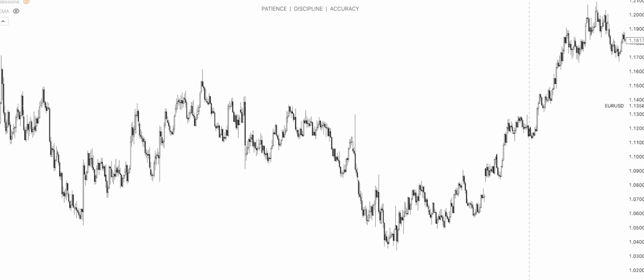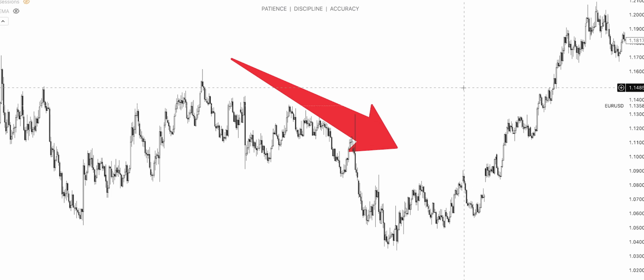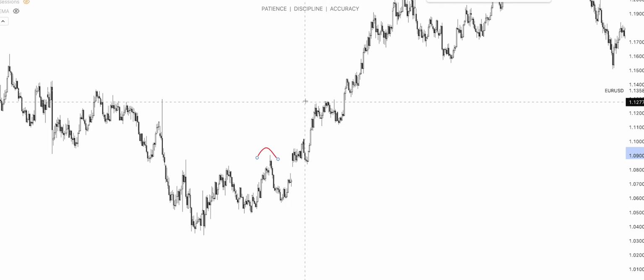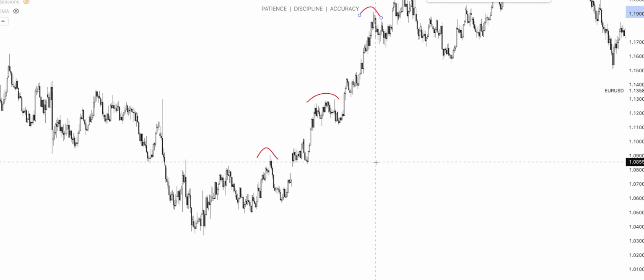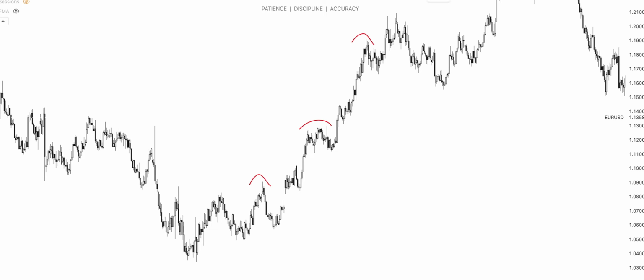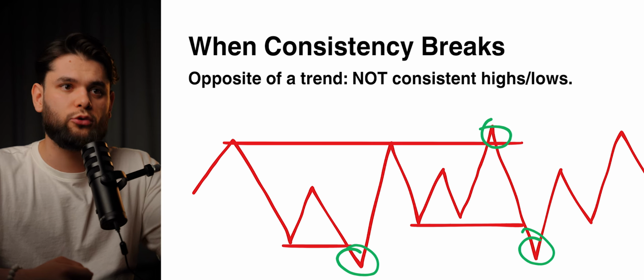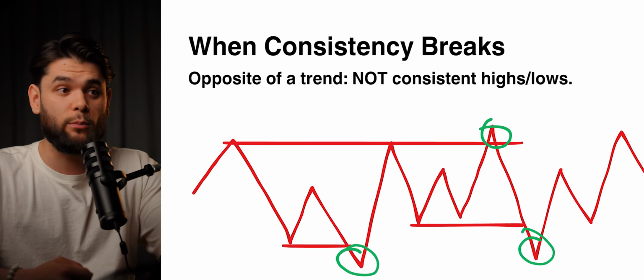Over here you can see the price going from the downtrend into the uptrend. It starts making consistent highs that are higher than the previous highs, and it starts making consistent lows that are higher than the previous lows. Now that you understand what a trending market is, it is crucial to understand what a rangy market is.